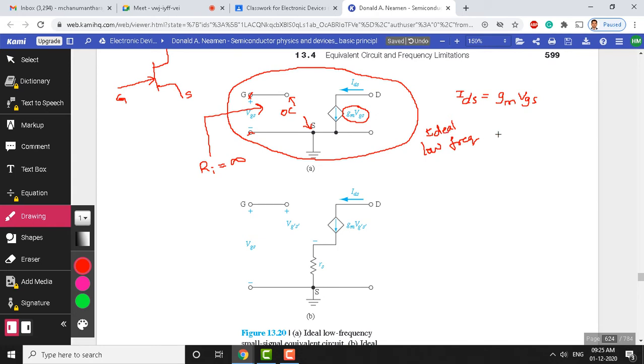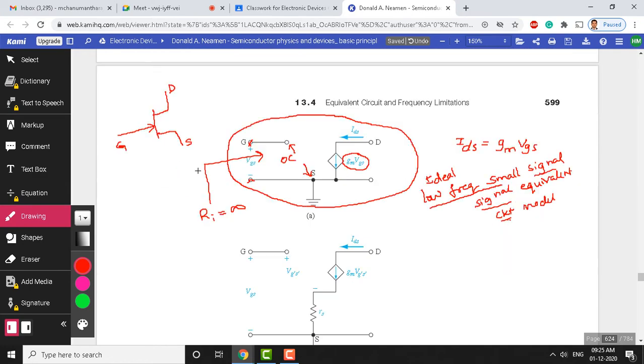This model is applicable for low frequency and for small signals. You can replace the JFET with this model, so that it becomes easy for us to understand circuits based on the JFET.